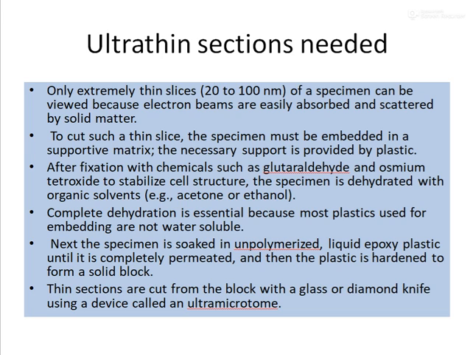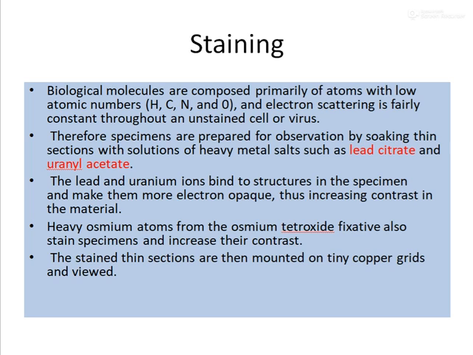Now, once the ultra thin sections are obtained, you need to stain them. Biological samples have carbon, hydrogen, nitrogen, and oxygen, and electron scattering ability is fairly constant throughout an unstained cell or a virus. So what you do is try to make the specimen more electron opaque.